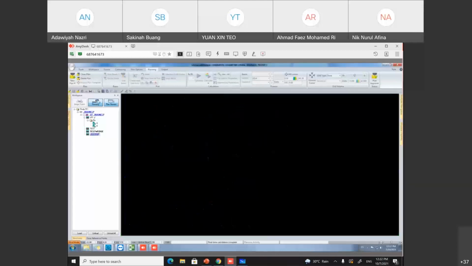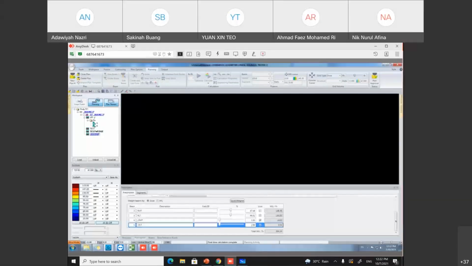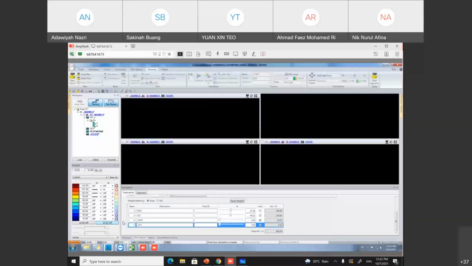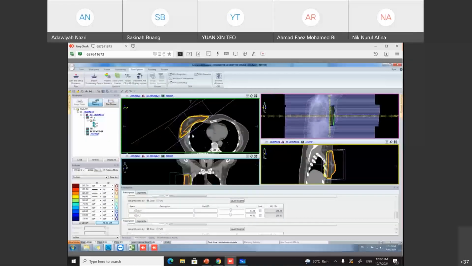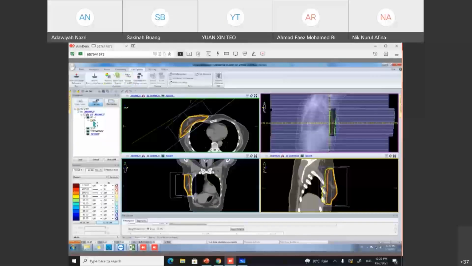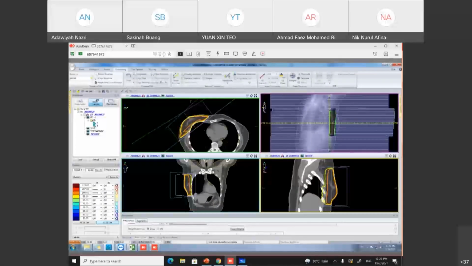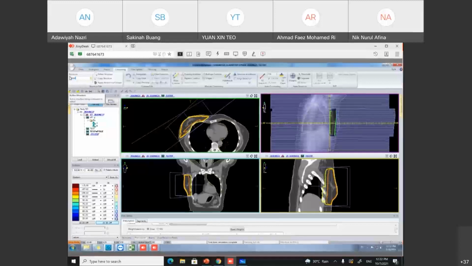Okay, with applying bolus. For this planning system, before I apply the bolus, I need to contour the bolus first. Of course, if the doctor has already decided they want to use the bolus for the treatment, then during the radio simulation they can apply the bolus straight away while doing the simulation.